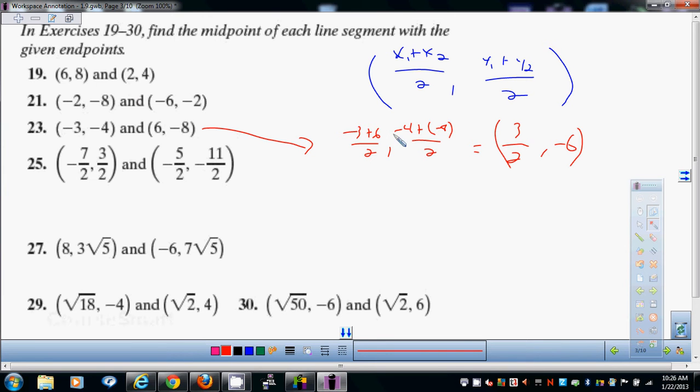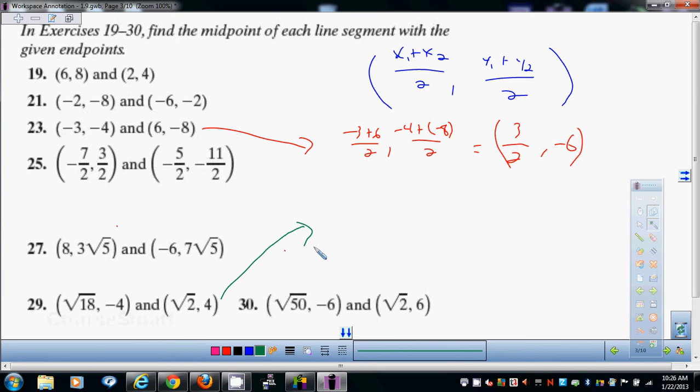And then we'll look at 25 after this. Ooh. No, we won't. We're going to look at 29. Questions on that one?